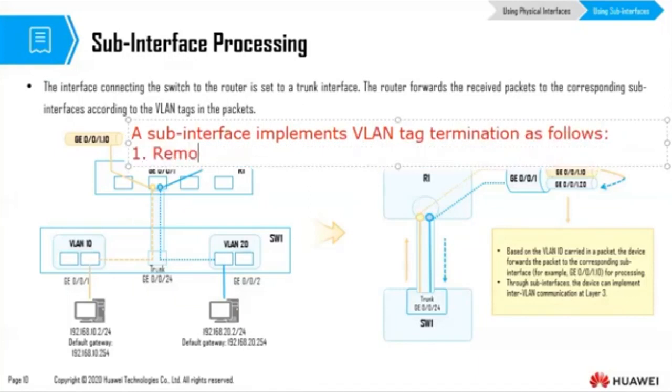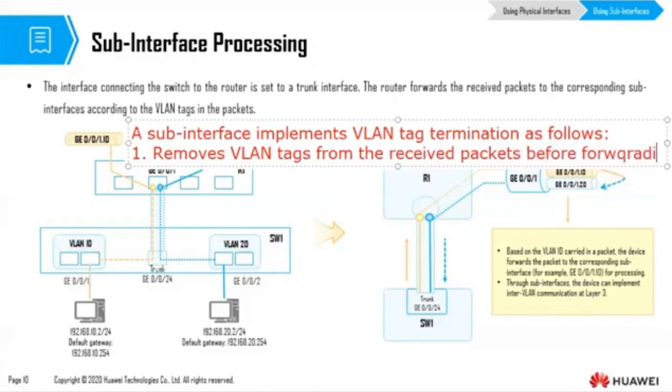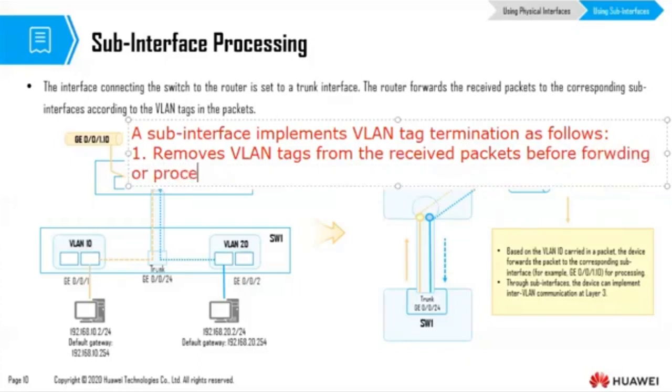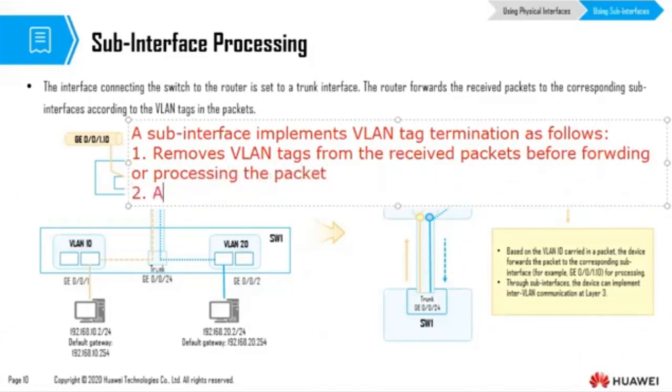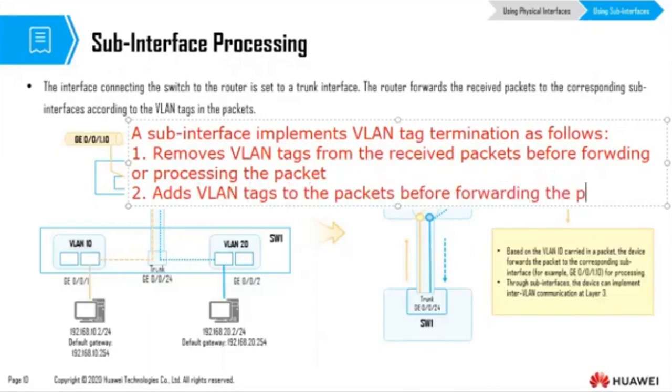Number one, it removes VLAN tags from the received packets before forwarding or processing the packet. Number two, it adds VLAN tags to the packets before forwarding the packets.